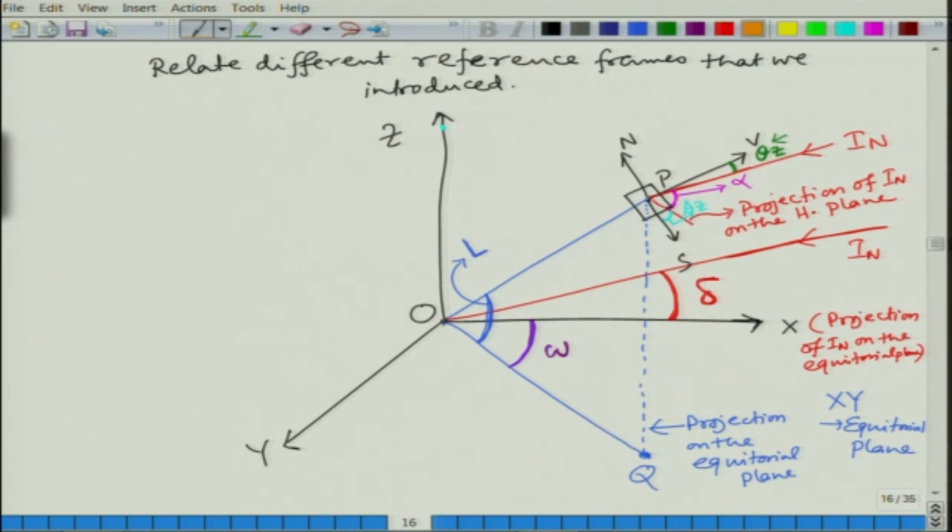When OP is getting extended, we are getting this PV vector. So, the direction of OP and PV are the same. Okay. So, whatever angle that PV vector is making with respect to IN, that is our angle between these two, and what angle is that? That is theta z, right, that is the zenith angle.